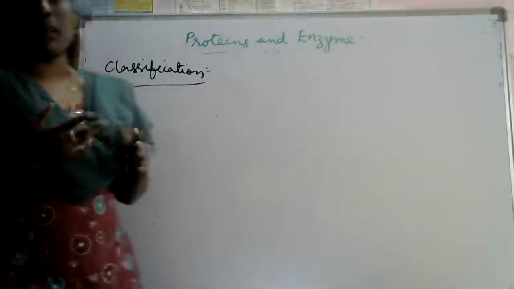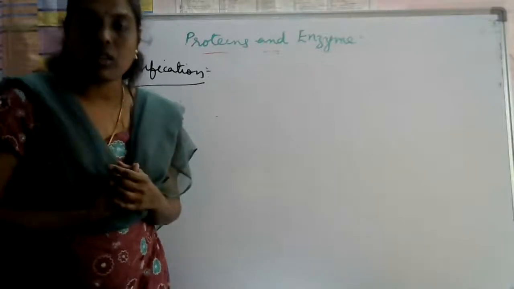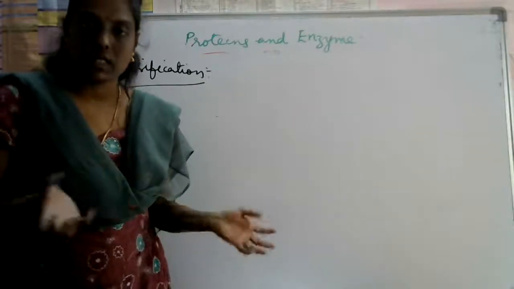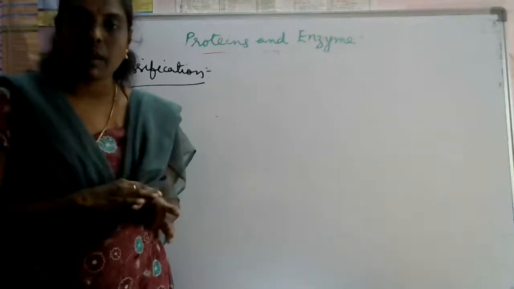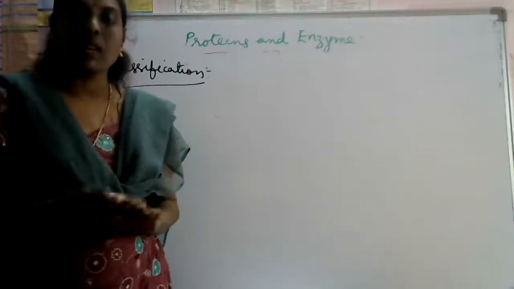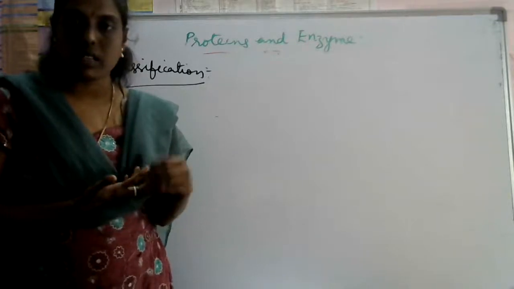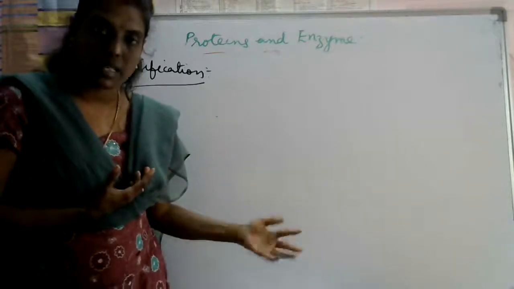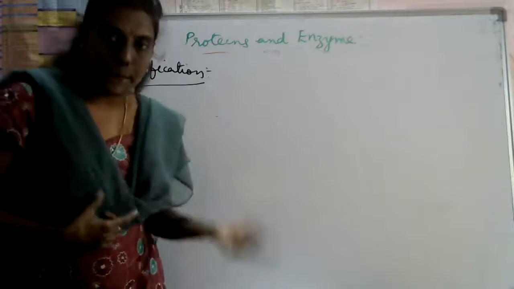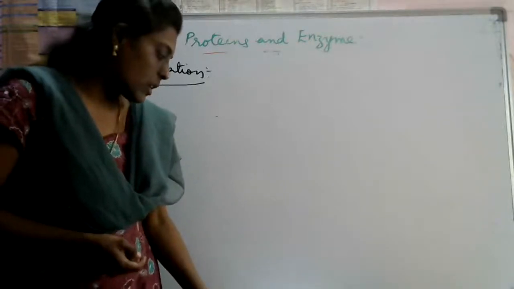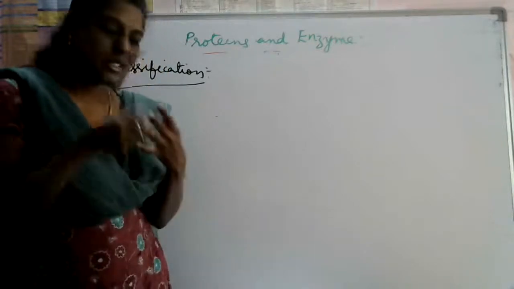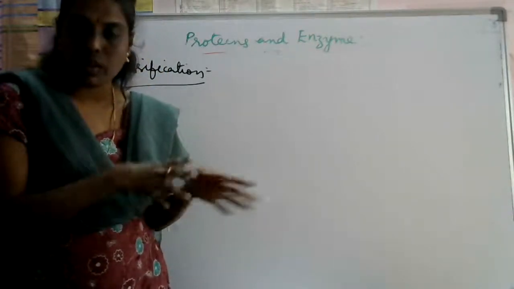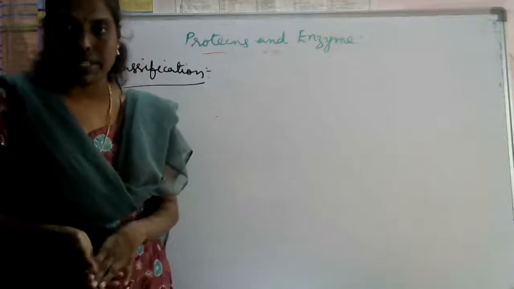So protein is a polymer of amino acids. More amino acids combine and form a polypeptide chain. If more than 50 amino acids are present in that polypeptide chain, then it is called a protein. Specific amino acid groups will be there for a particular polypeptide chain.